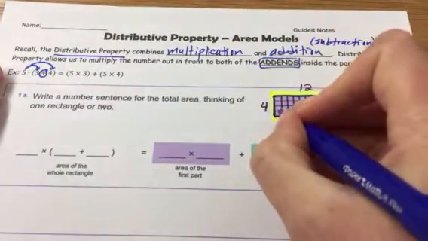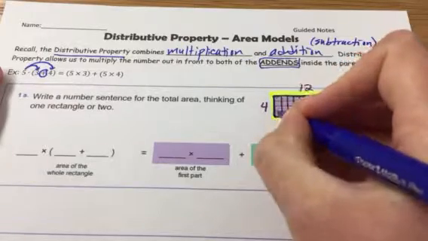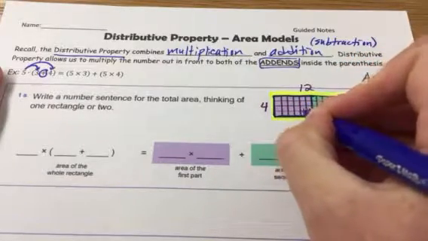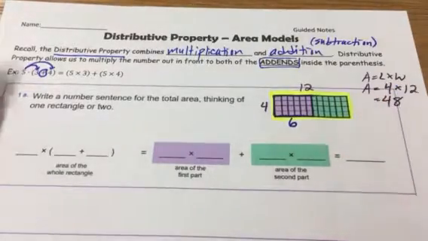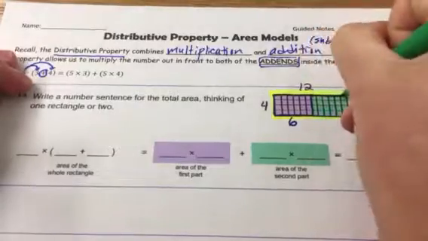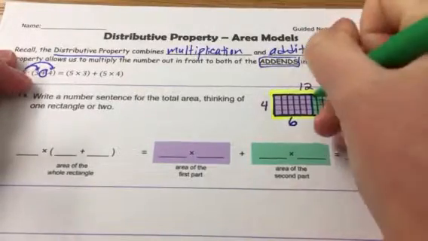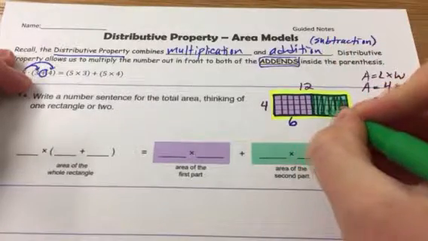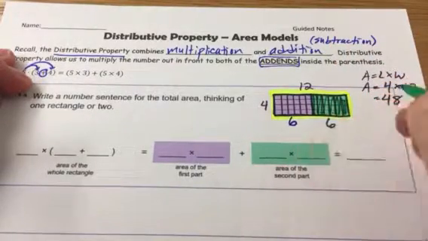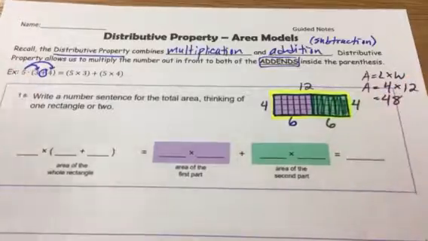The purple rectangle, let's see, is still 4 units high. 1, 2, 3, 4, 5, 6 units in width, which means the green, we can go ahead and count that out too. The green rectangle, right here, is also 1, 2, 3, 4, 5, 6 units wide and 4 units tall.